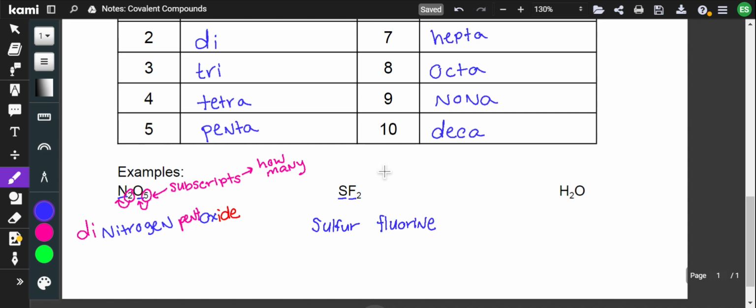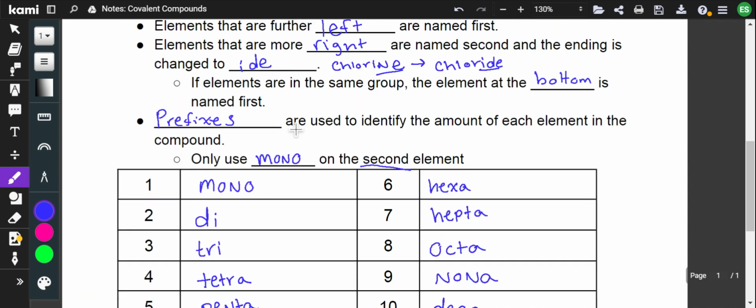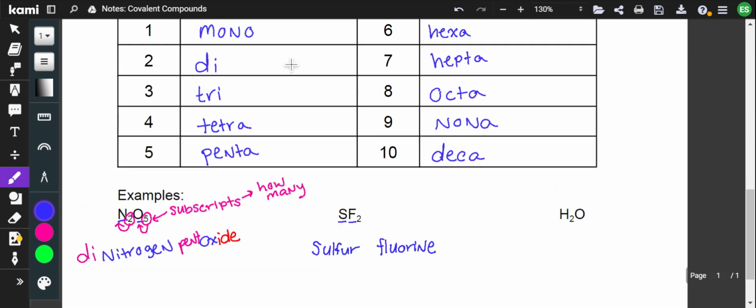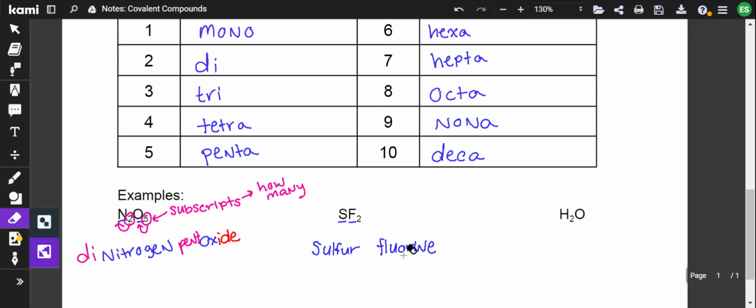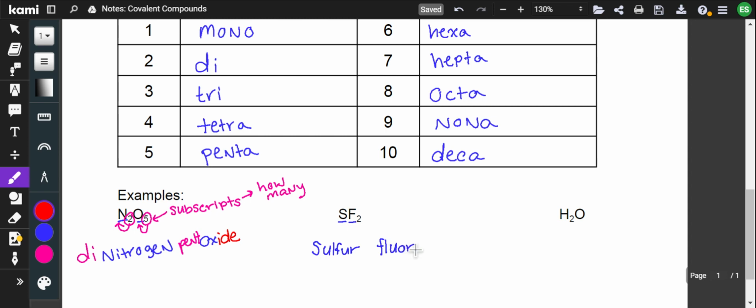Now again, we have to change that second word. Elements that are on the right and named second, we change the ending to IDE. So fluorine becomes fluoride, like the toothpaste. So we're going to change that ending. Change that ending. So it's no longer fluorine, and it becomes fluoride.